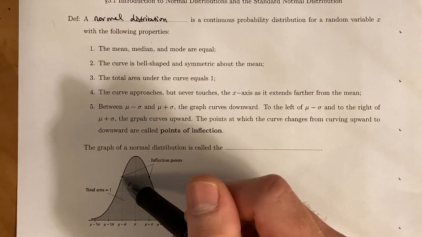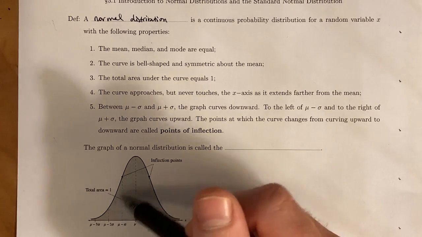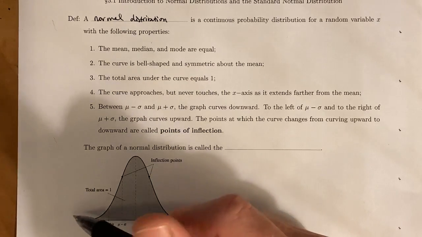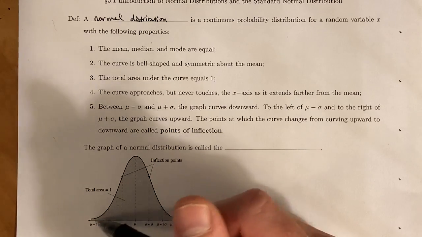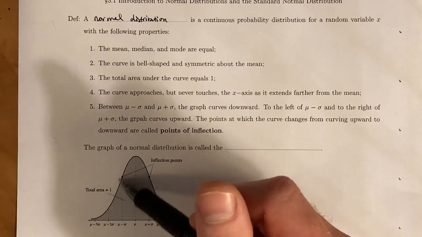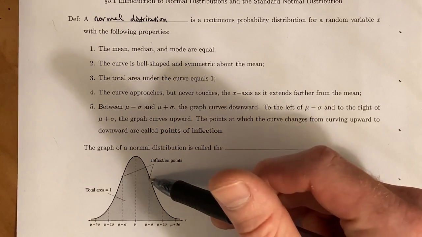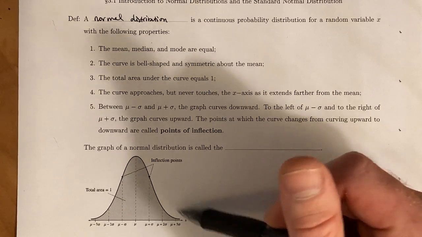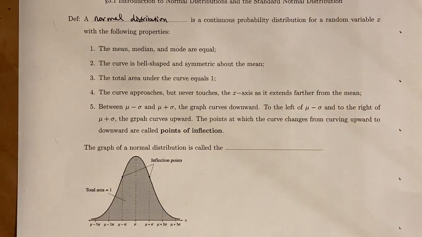So from mu minus sigma to the left, it looks almost like an upwards parabola. This just keeps going down, but to give you a sense, this is opening upwards. And then to the right of mu plus sigma, it's opening upwards as well. The points at which the curve changes from curving upwards to downwards are called the points of inflection.